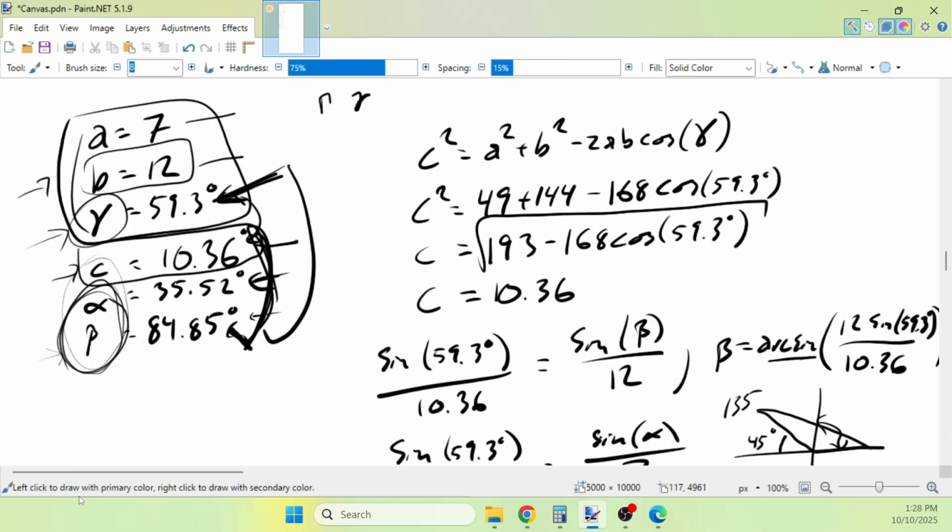I'm going to find an example where we have the law of sines giving us a reference angle, and I will show you what that looks like. It didn't happen here, but I need to show you what it looks like for cases when it does happen.